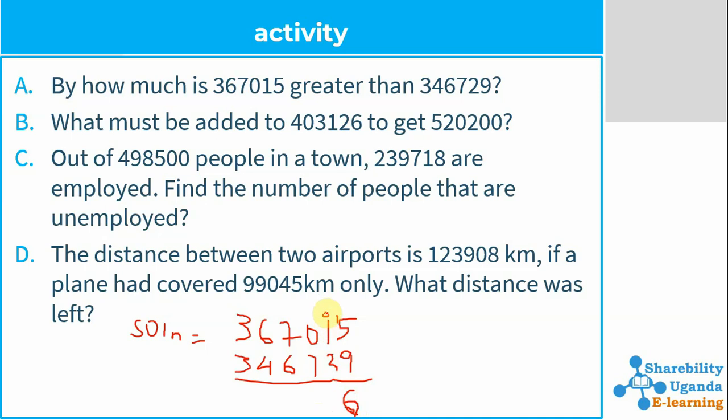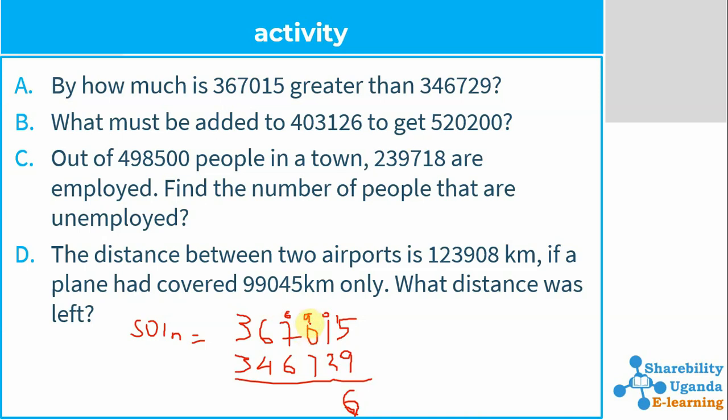Then we say 0 minus 2, which is impossible. We borrow 1 from here, but this is a 0 again. We can't borrow from a 0, so we just borrow 1 from the 7. When you borrow 1 from 7, it becomes 6. We put the 1 here, and this 0 becomes 10.